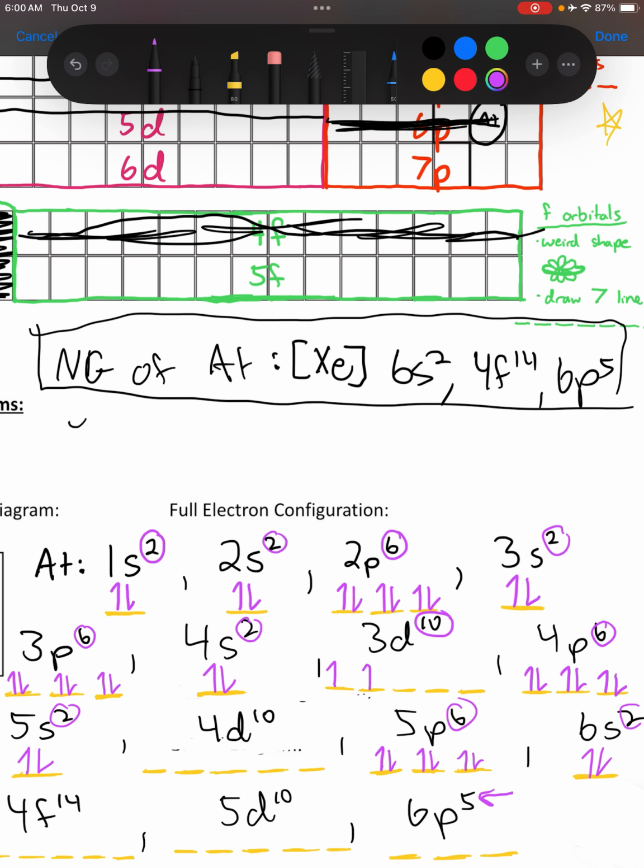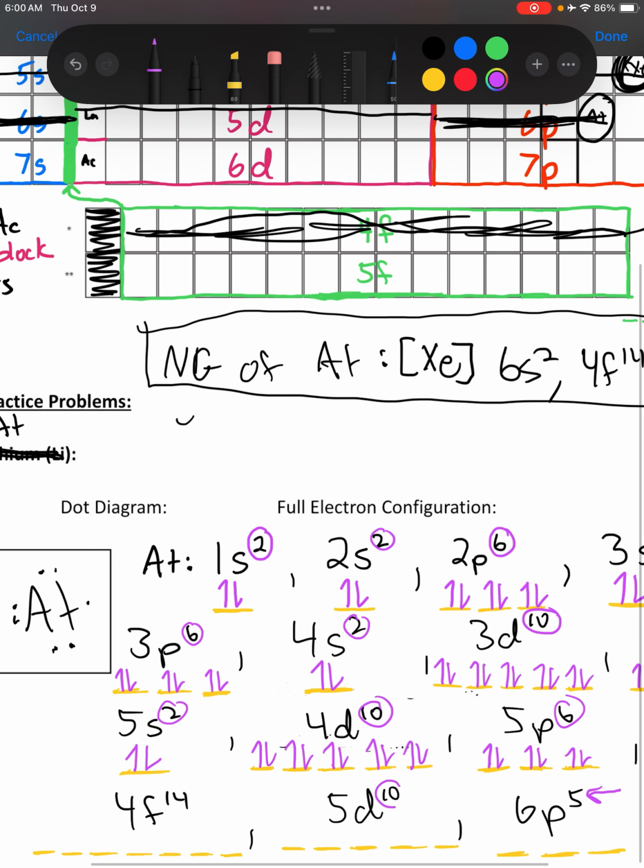So we've got 1, 2, 3, 4, 5, 6, 7, 8, 9, 10. Here's another D, and another D, each with 10 arrows.